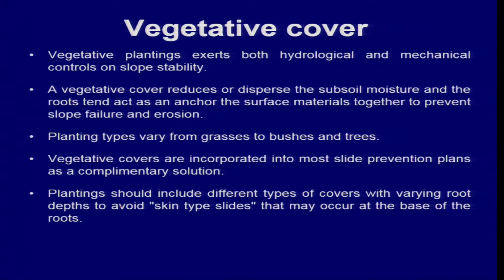Planting should include different types of covers with varying root depth to avoid skin type sliding that may occur at the base of the roots. The botanical people can help in choosing the plant type and all that.